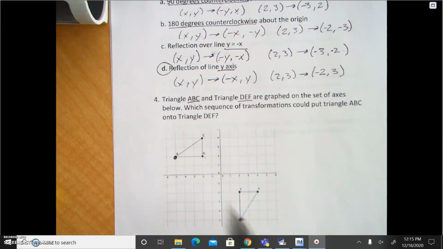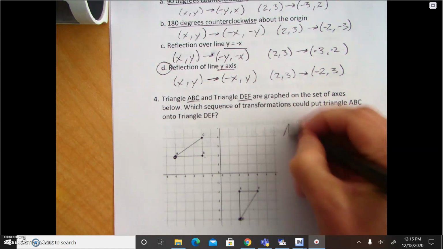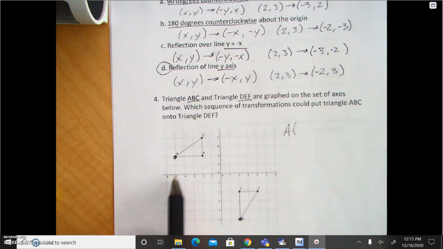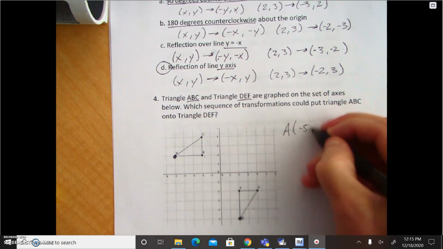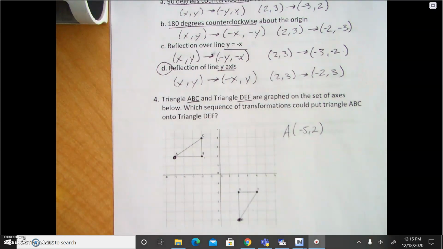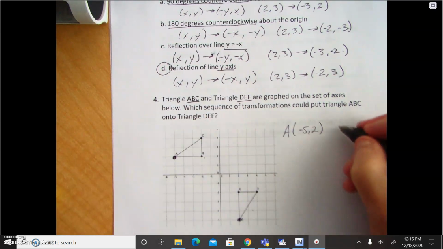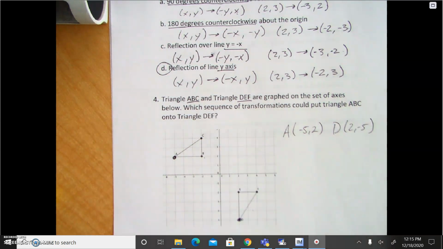So I know that it goes from this quadrant to this quadrant, and it looks like it's rotated a little bit. So I'm just going to use the coordinates of point A. So let's look at point A. So it would be -5, 2. And then D is at 2, -5.